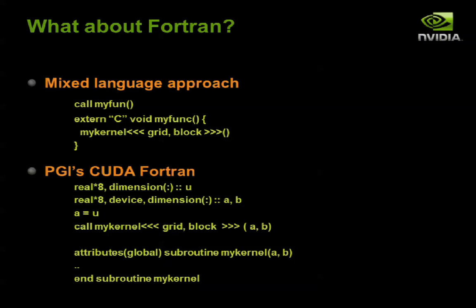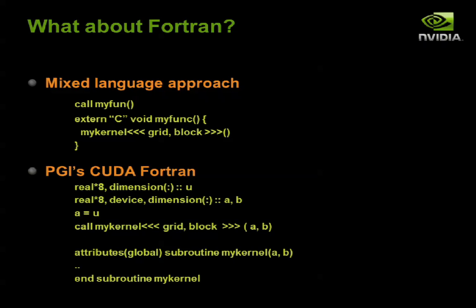Now with PGI's CUDA Fortran, you have extensions to Fortran that, for instance, if you have an array U that has a certain dimension, you can create arrays that have the attribute device that will live on the GPU. And so simply by assigning U to A, you're copying data between host and GPU.